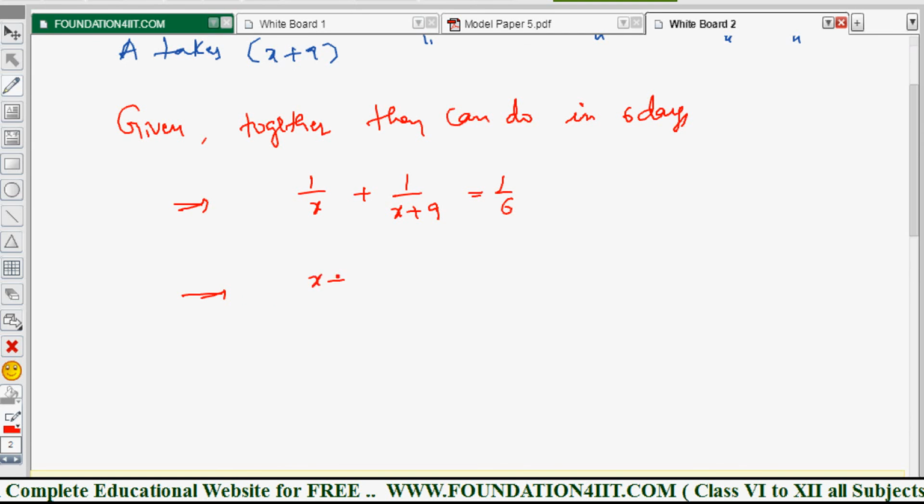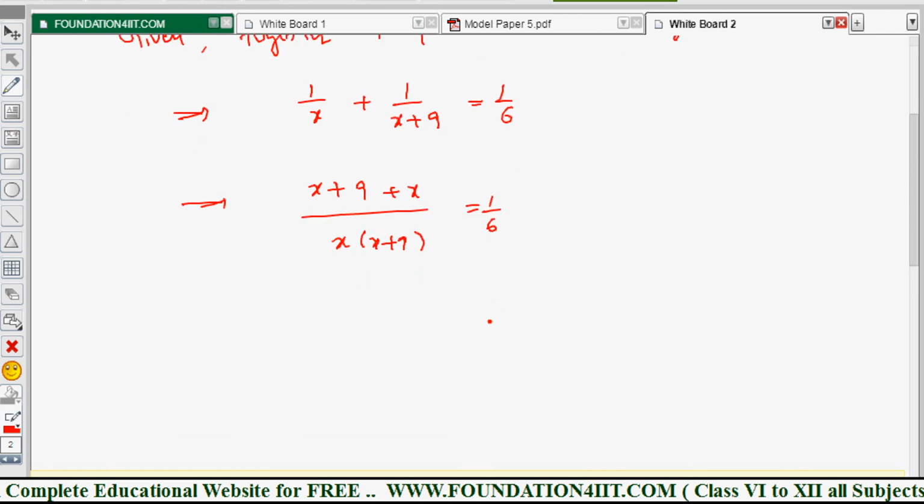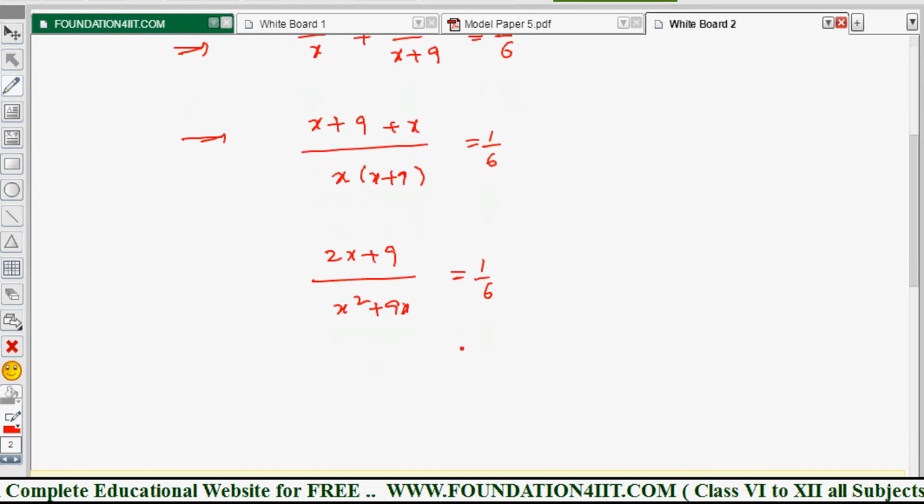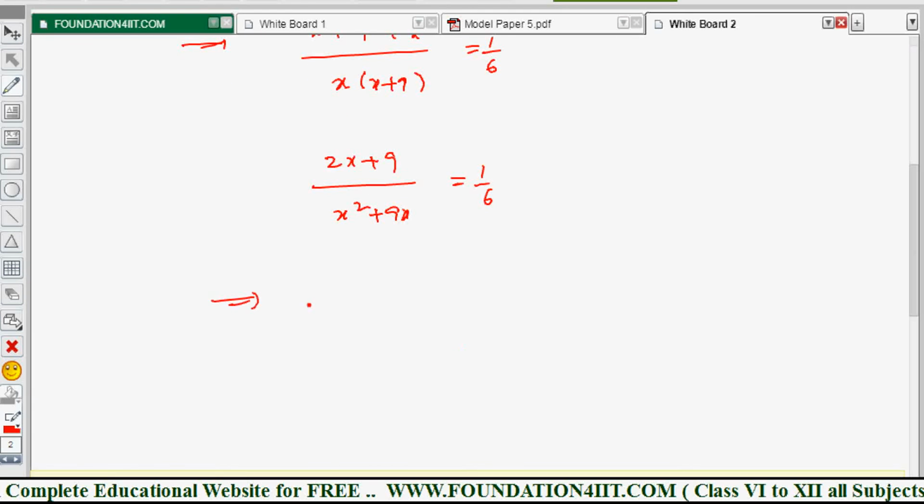Taking the cross LCM, x plus 9 plus x by x into x plus 9 is equal to 1 by 6. And by solving this, 2x plus 9 by x square plus 9x is equal to 1 by 6. Do cross multiplication and simplify, the equation will come like this: x square minus 3x minus 54 is equal to 0.